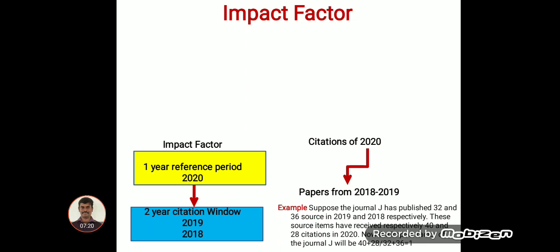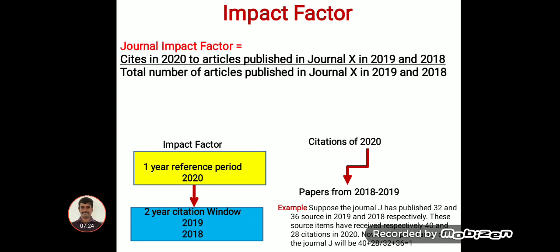And now let us see with an example how this impact factor is calculated. First we'll see about the journal impact factor.